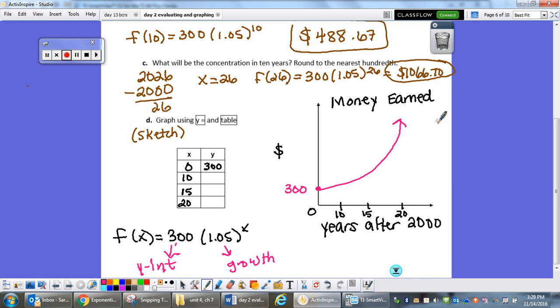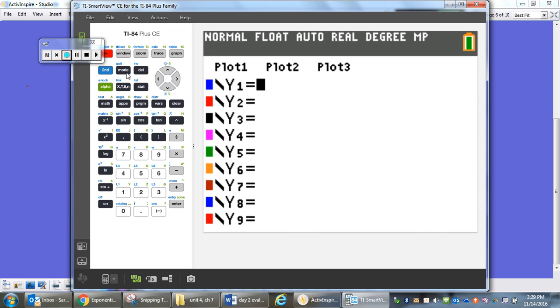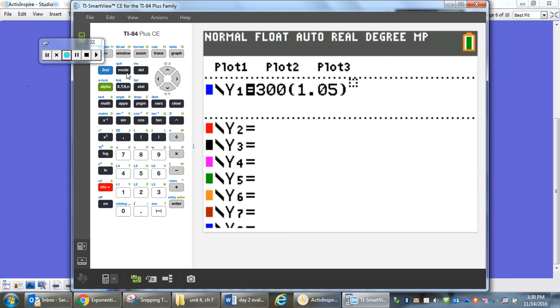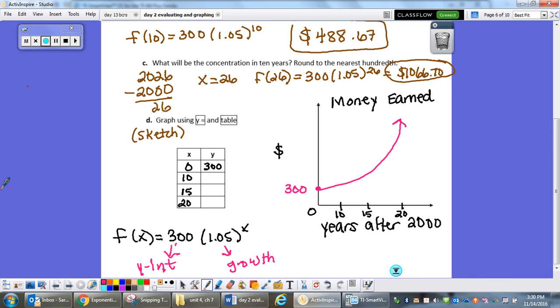And then what you can do is evaluate these if you wanted to use the table. You could go into your y equals and key in 300 times 1.05 to the x. Okay. You could hit second table, and then here's your value. So you can see at 0 it was 300, at 10 it was 488.67, which we already calculated.